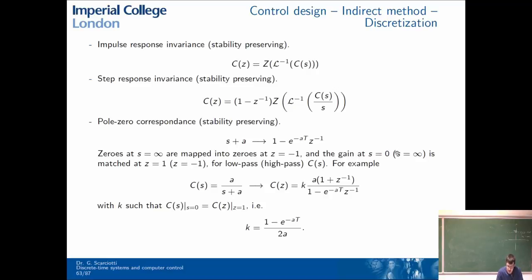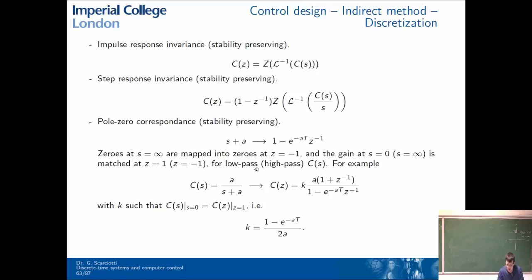Where is the gain at s equal to 0 mapped? The gain at s equal to 0 is mapped at z equal to 1, because the point s equal to 0 is mapped in discrete time in the point z equal to 1. And the gain at s equal to infinity is mapped in z equal to -1, because as we have just said, the point s equal to infinity in discrete time is mapped here. When do we want to use one gain and when the other? It depends.